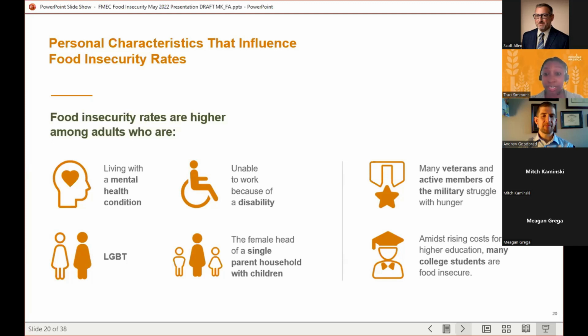There are also intersections with those who might be veterans or active military status, as well as college students. So we know that food insecurity really has a broad impact on various populations and how it intersects with identities, and we are meeting the needs through our food bank services.